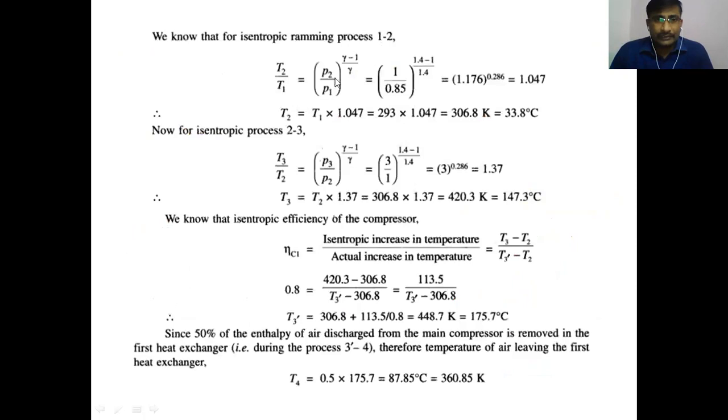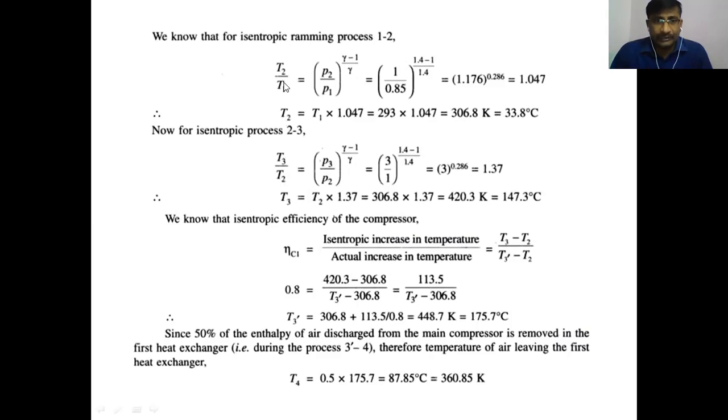We know that for the isentropic ramming process, T2 by T1 equals P2 by P1 whole power gamma minus 1 by gamma. P2 is 1 bar, P1 is the ambient pressure, 0.85 bar. From this, we get 1.047 after calculating this value. This is the temperature ratio across the diffuser during the ramming action.